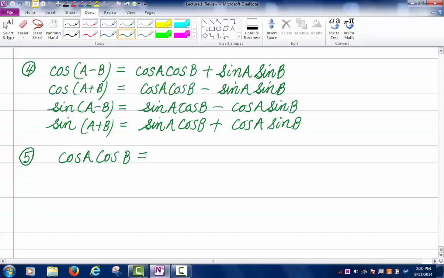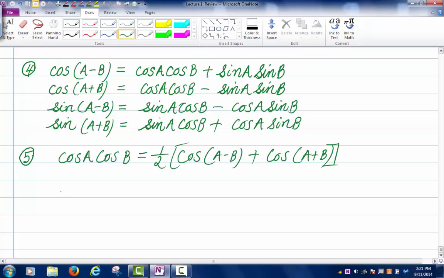If you add up the first two equations, you get 2 cosine A, cosine B, is equal to cosine of A minus B plus cosine of A plus B. If you divide out by 2, you get cosine A, cosine B to be half of cosine of A minus B plus cosine of A plus B.